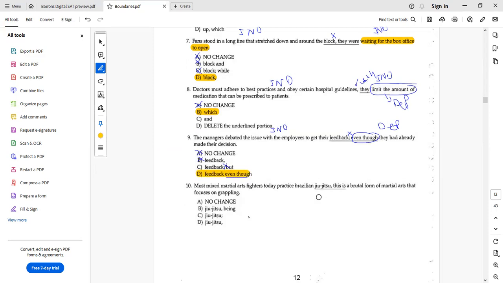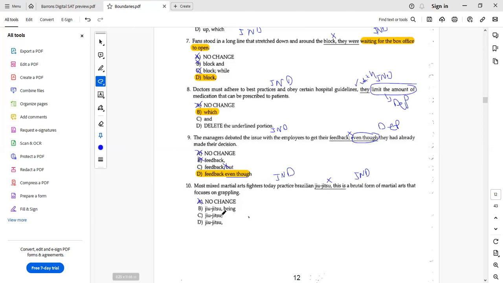The last one. Most mixed martial arts fighters today practice Brazilian Jiu-Jitsu. Okay, independent. This is a brutal form of martial arts that focus, another independent. To put a comma alone is wrong. Okay, what if we change it and say being? We delete all of this and write Jitsu, comma, being a brutal form of martial arts. It can be.